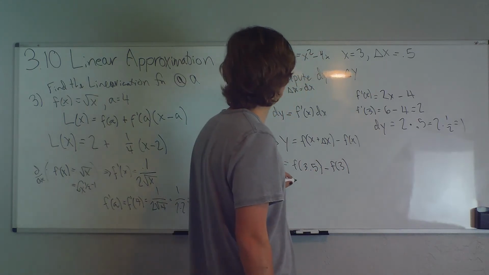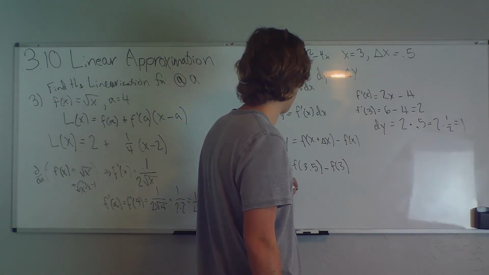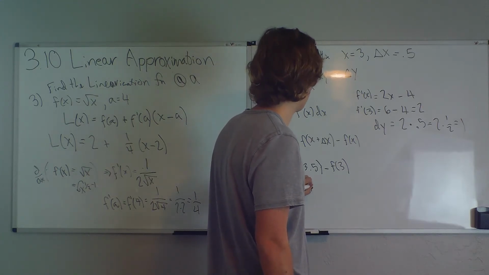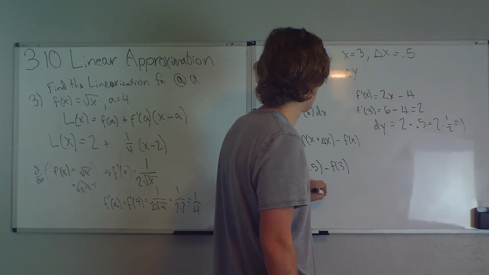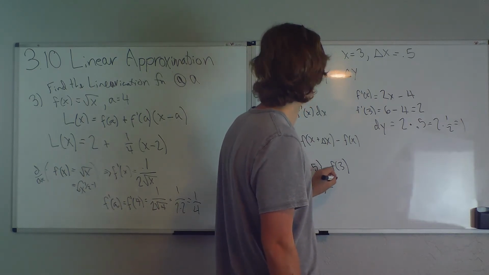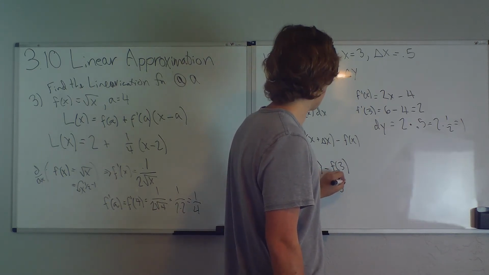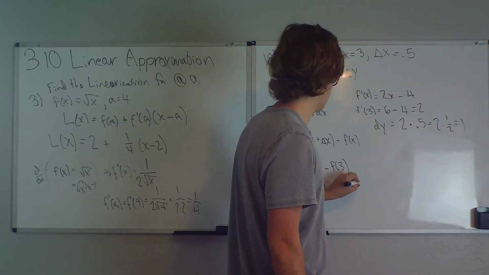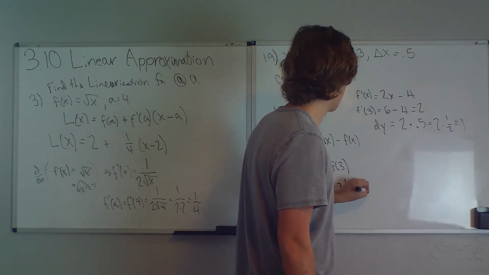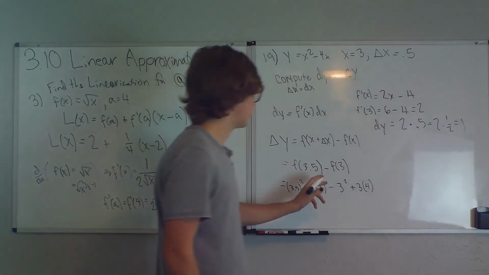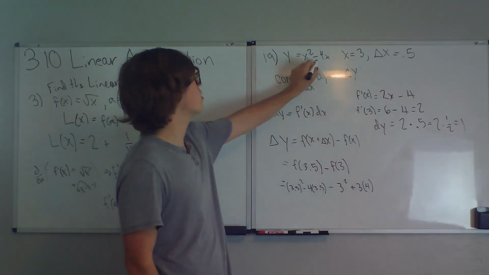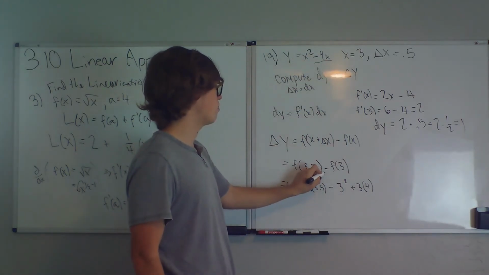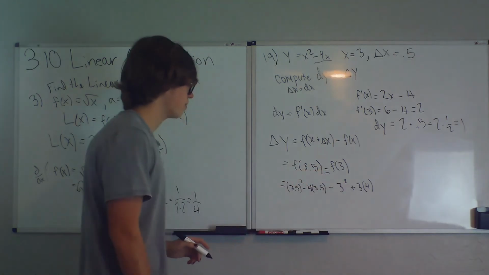And so that is equal to 3.5 squared minus 4 times 3.5 minus 3 squared plus 3 times 4. This is a minus here, so a minus this turns this to a plus.